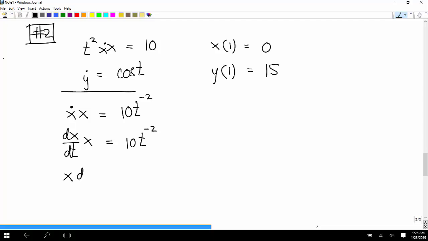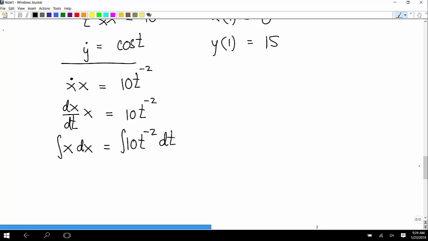You get x dx is equal to 10 t to the minus second dt. And you can integrate that. The integral of x with respect to x is x squared over 2. And that's equal to negative 10 t to the minus 1 plus c.